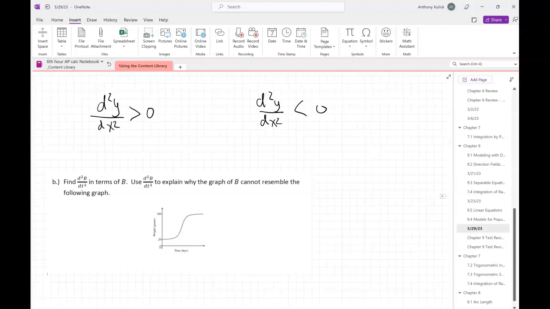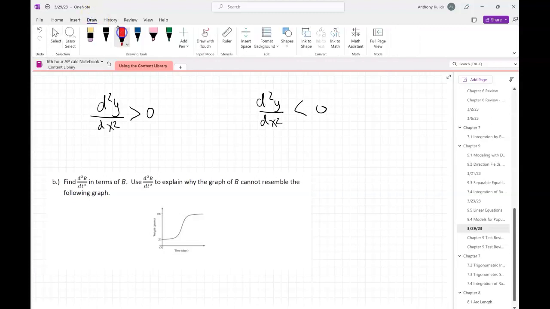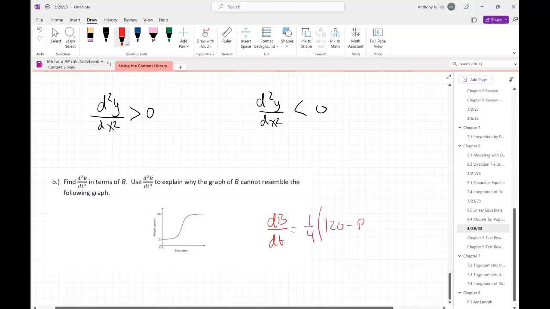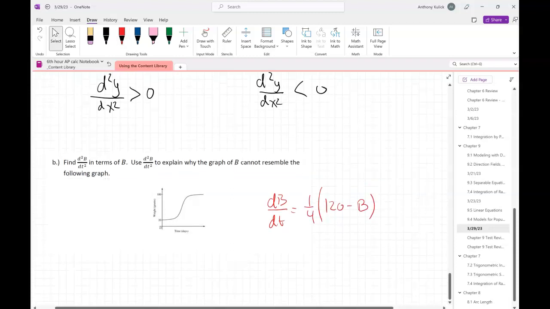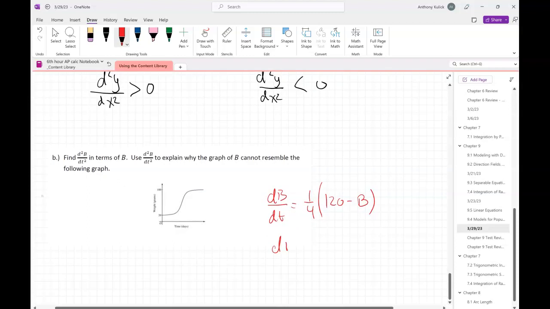So I guess first order of business is going to be just finding that second derivative. I'm given the first derivative, so the first thing I would do is distribute that 1/4 through.